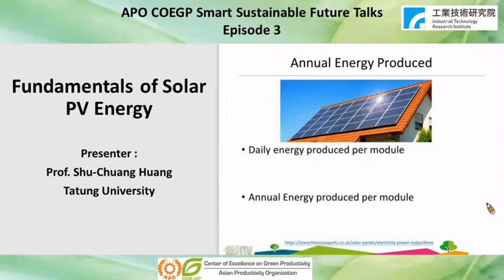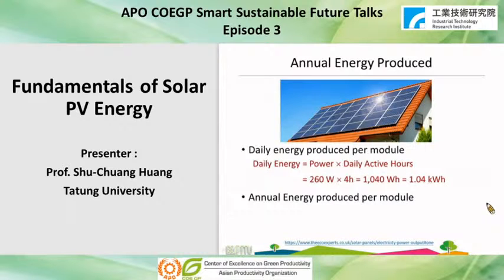So you can calculate the annual energy produced if you have one solar module. Of course, if you have multiple, then you can multiply by the number. From the previous example, we can calculate the daily energy produced per module, which is the overall power produced by the module multiplied by the daily active hours.